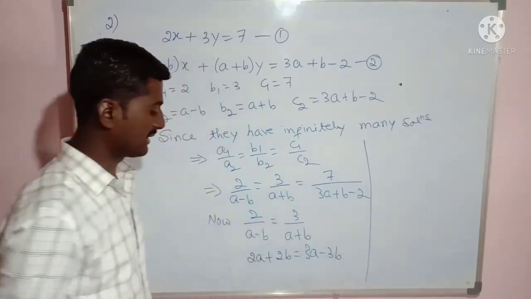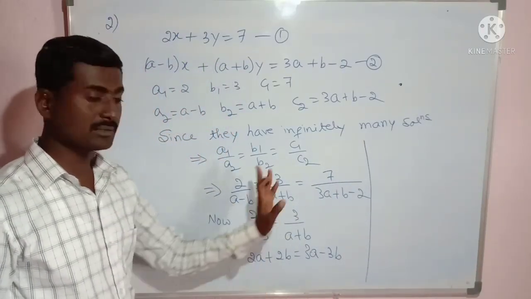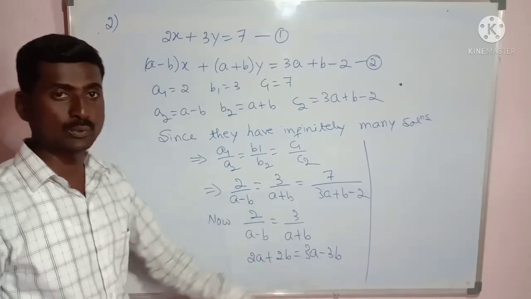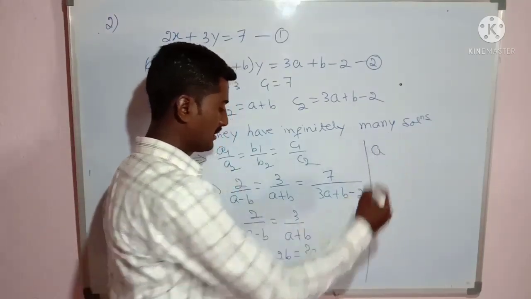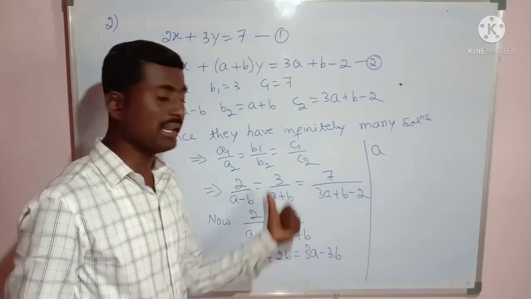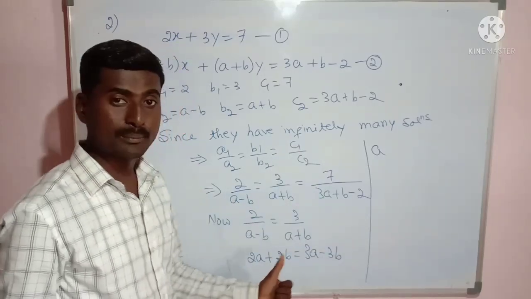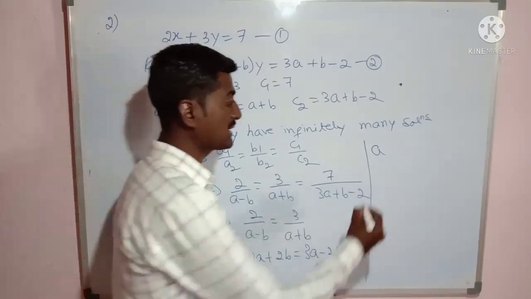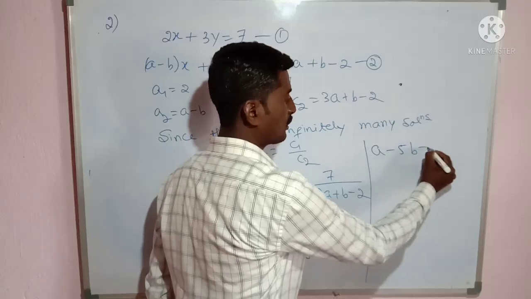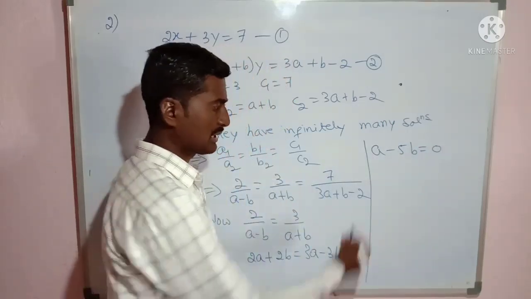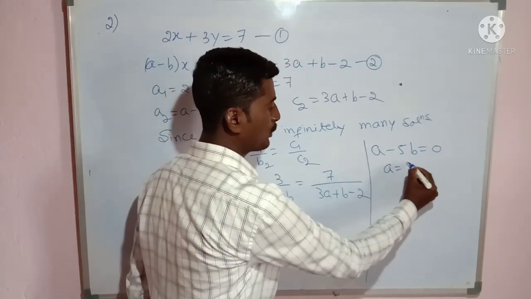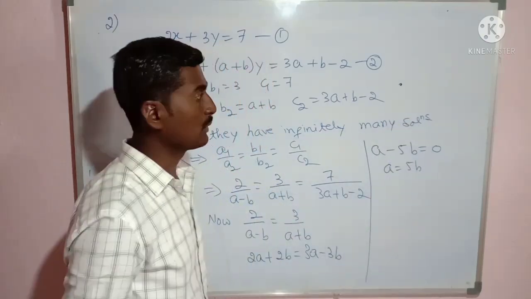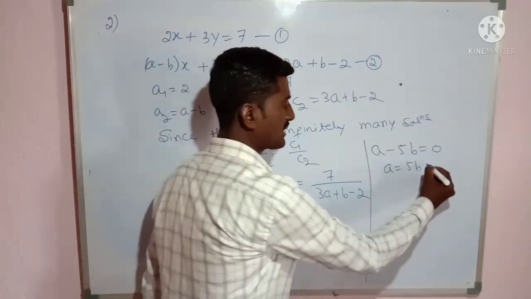I will send these terms to the right side. 3a minus 2a, that is a. Then minus 3b minus 2b, that is minus 5b, is equal to 0 I can write. Otherwise a is equal to 5b also I can take. a equal to 5b. So this I will take as equation number 3.